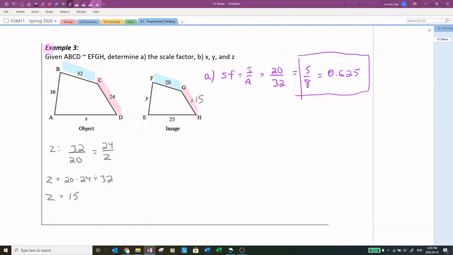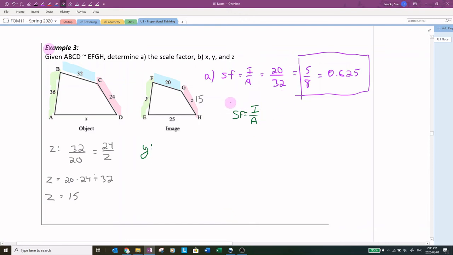Let's do Y. I'm going to do Y a little bit different, actually. The other way we can do this is we've been using the formula that scale factor is image over actual. Actually, in this case we have to use scale factor because it's just going to be a number.